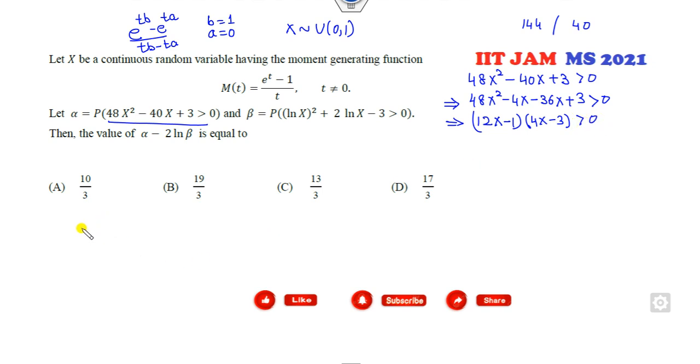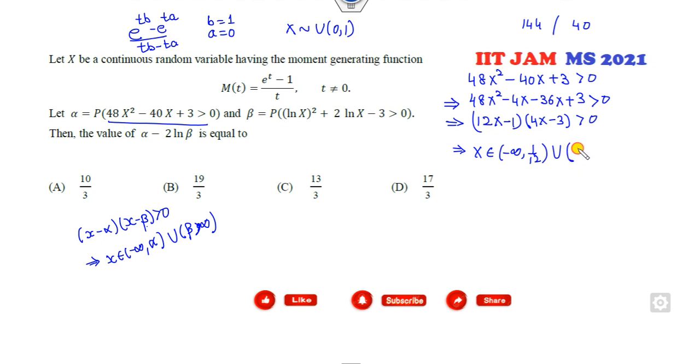Fine. So we all know if (x minus alpha)(x minus beta) is greater than 0, what does that mean? X belongs to minus infinity to alpha, which one is the minimum, union, which one is the greater one, to infinity. So it is x belongs to minus infinity to 1 over 12 union 3 over 4 to infinity.